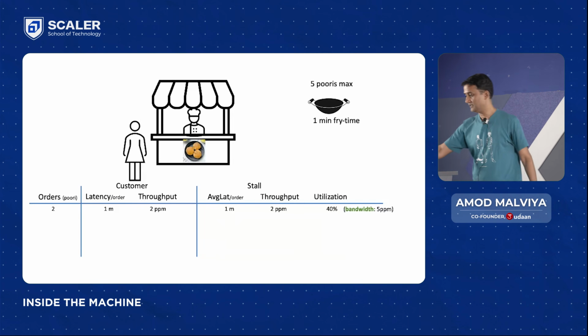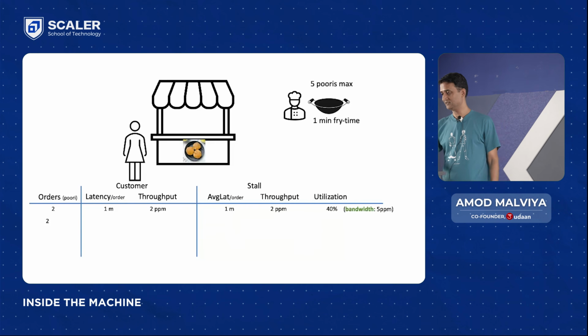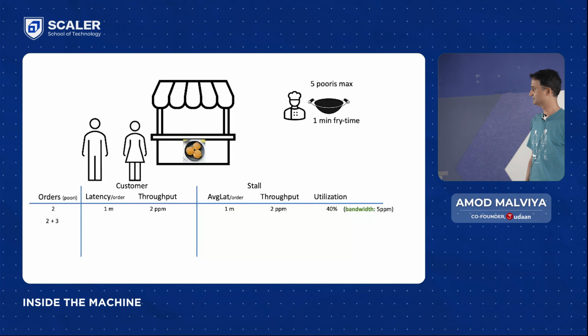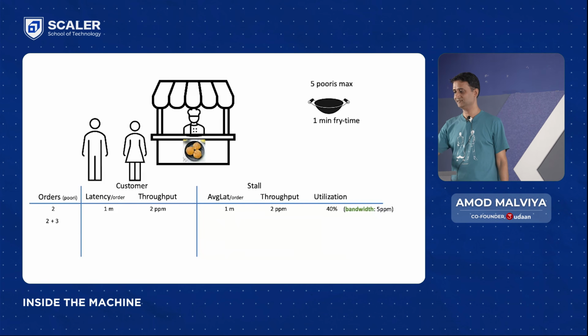Let's consider another scenario. The same customer has come in, ordered 2 puris. The cook goes inside, and just when the cook went inside, another person came in. And this person wants to order 3 puris. What is the latency for the first person?